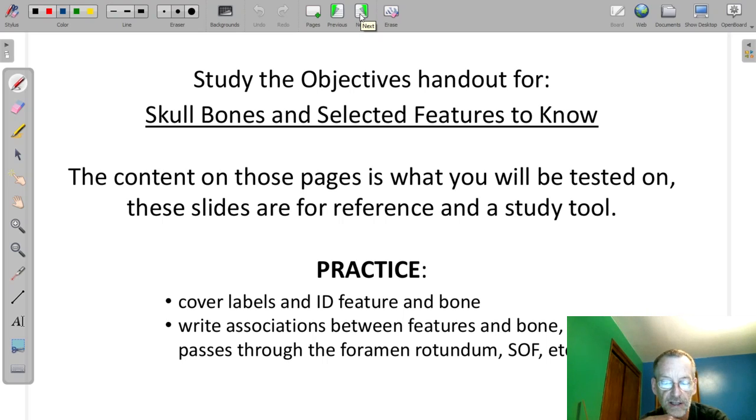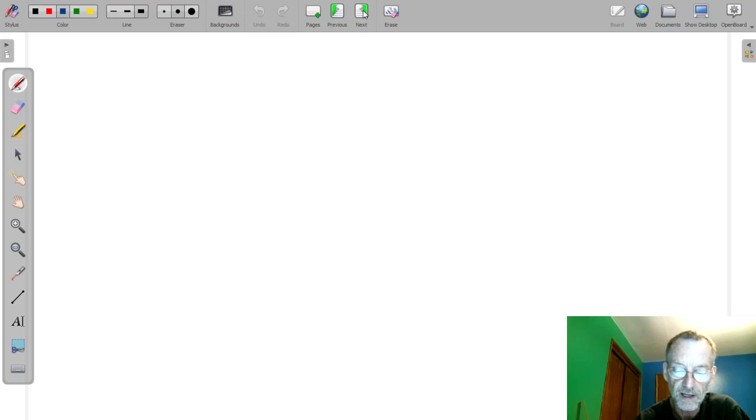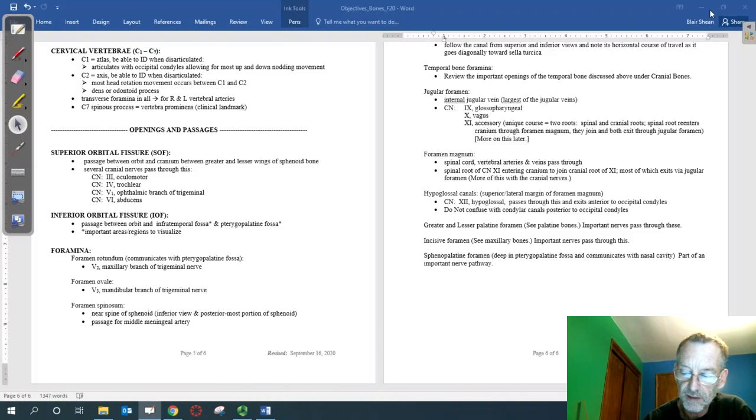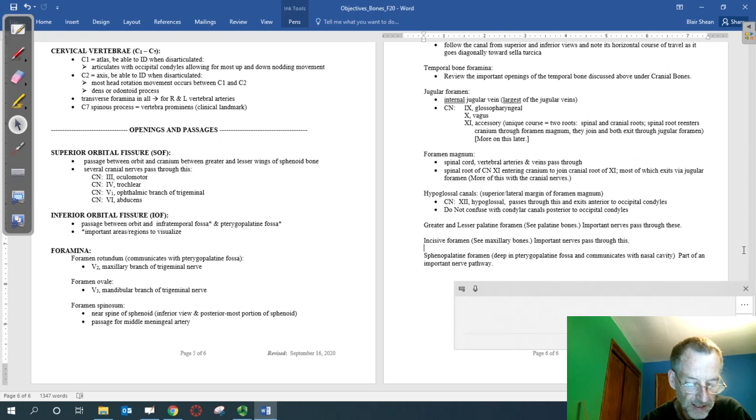Study the handout and the objectives and practice. Let's go back to, I believe that was the last slide. Yeah. So let's go back to the objectives that we have here. So on the left page, page 5, we've gone through the SOF, IOF, the different foramina.